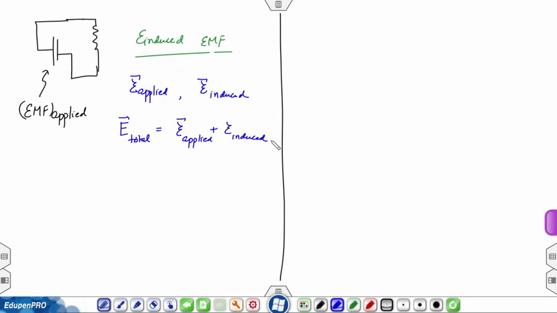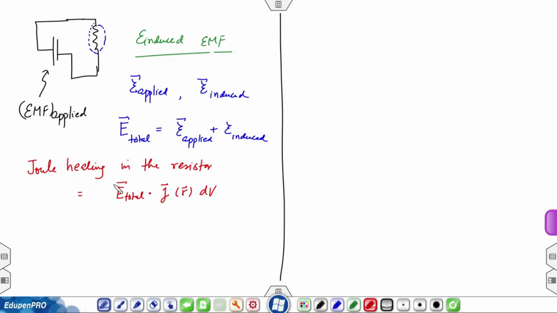So, if this is the resistor here, in this I am going to have an electric field which is E total. So, the Joule heating in the resistor is going to be E total there dot J R dV integral.